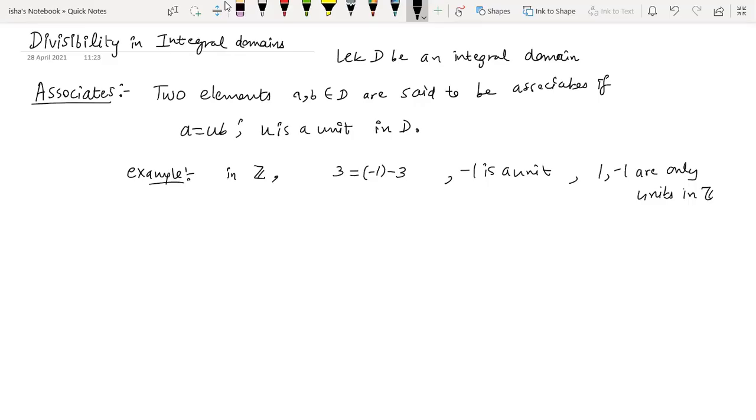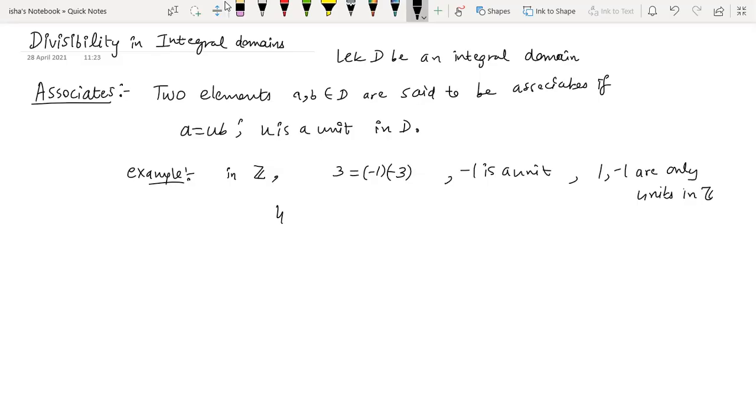This is multiplication, not subtraction. So 3 and -3 are associates, right? Because one can be obtained from the other by multiplying with -1, and -1 is a unit.